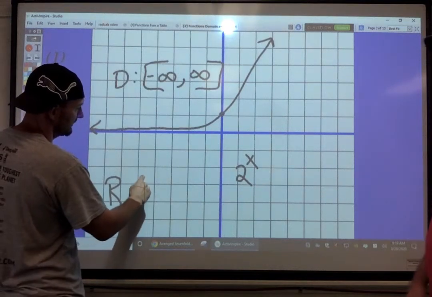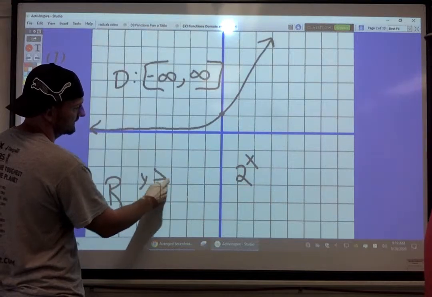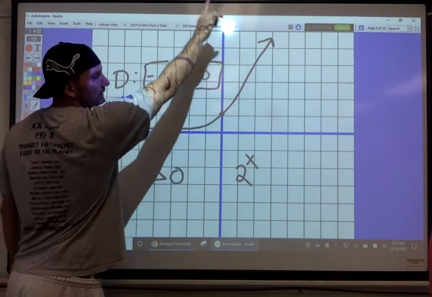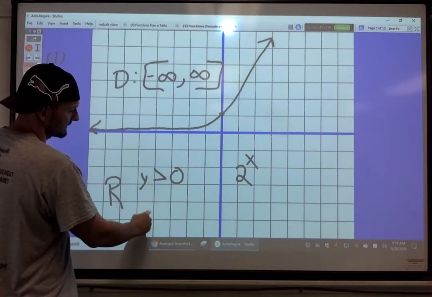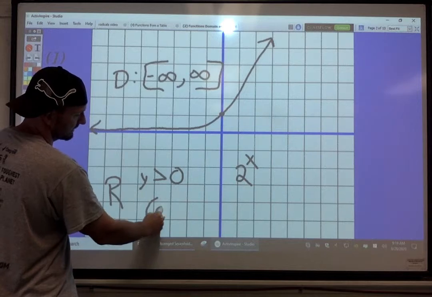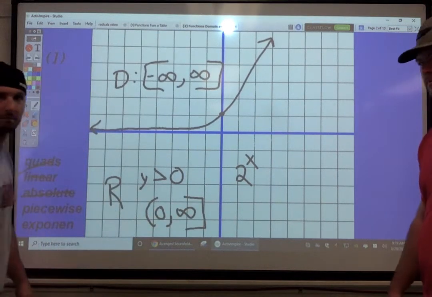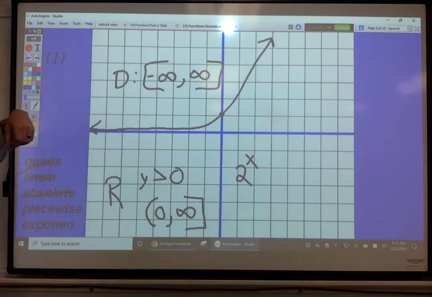So we're going to have y is greater than 0, but doesn't include it. And then you'll see as we go up forever, it's always greater than that. So we could say, with our parentheses, 0, and positive infinity with the bracket. And this is just an exponential one. We will go over these more in detail in a future lesson.